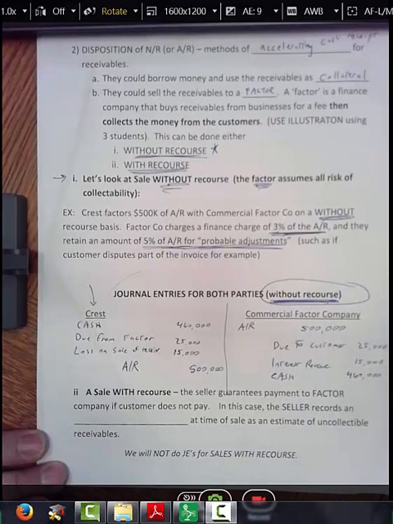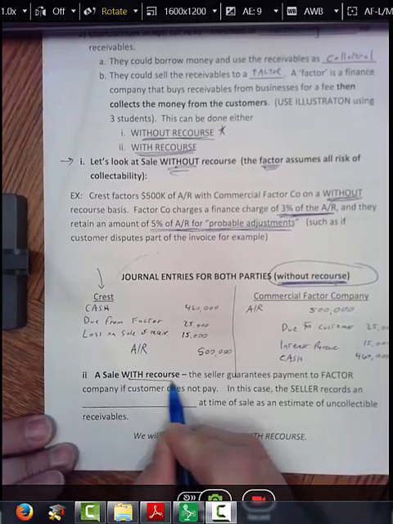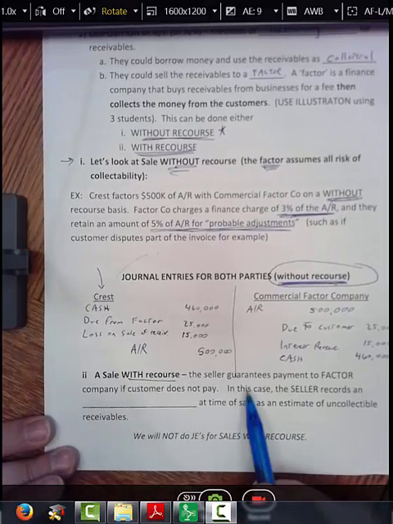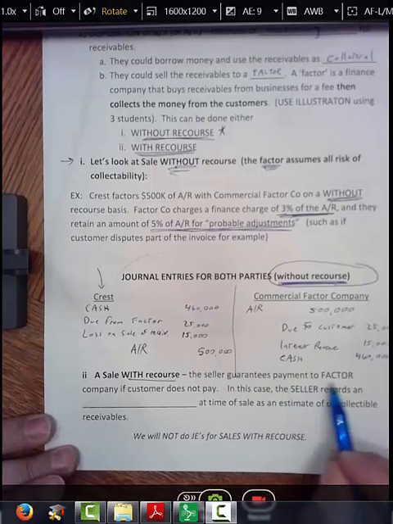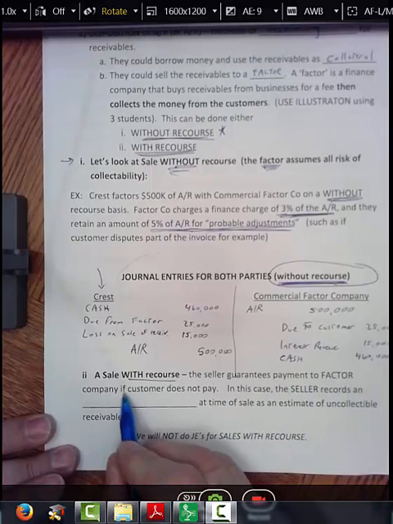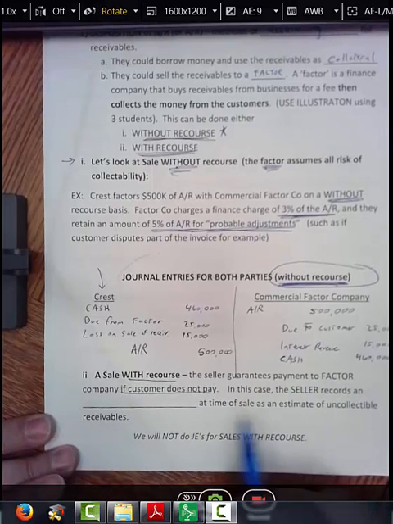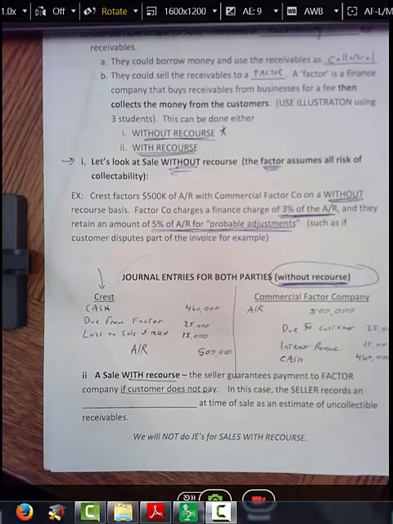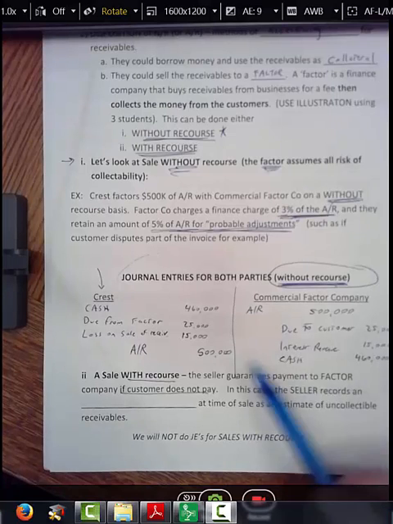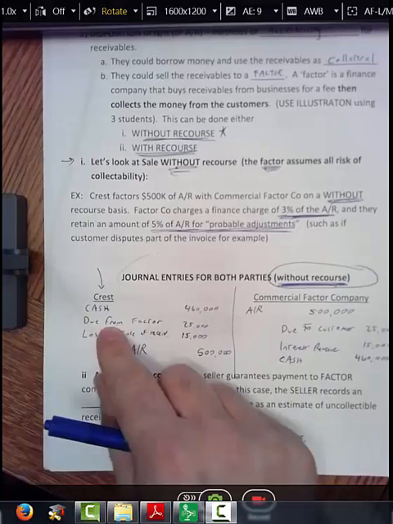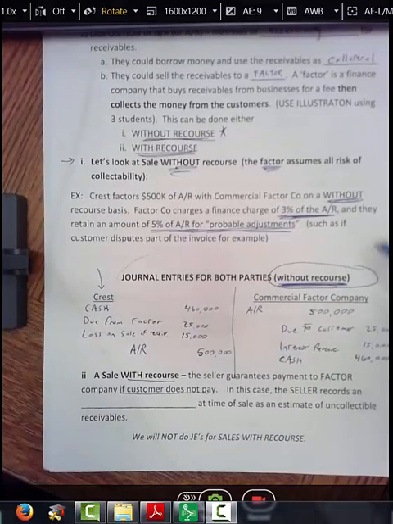Now, what is a sale with recourse? In a sale with recourse, the seller guarantees payment to the factor if the customer does not pay. So if the customer were to welch on their debt and not pay, the seller would have to pay it. But without recourse is the more common situation.